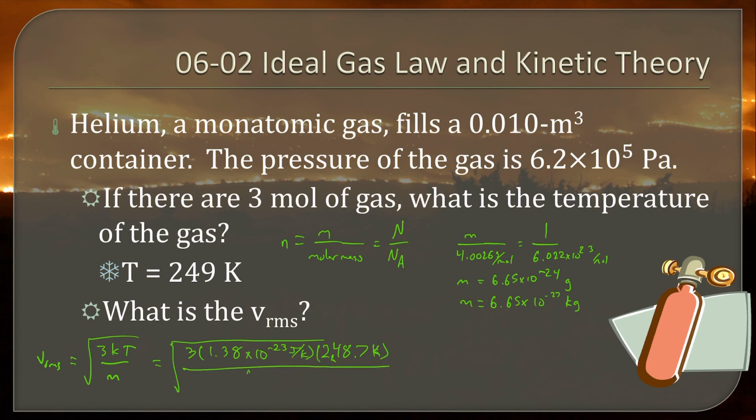And the bottom should be 6.65 times 10 to the negative 27 kilograms, which gives us 1,244 meters per second, going really fast. With the right number of significant figures, it should be 1,200 meters per second, because there are 2 significant figures.